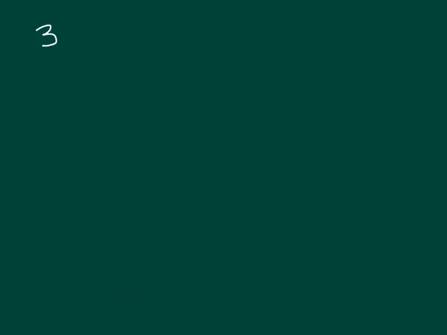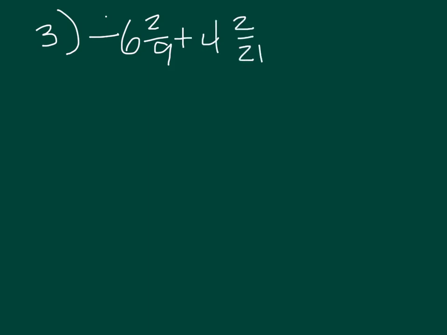Problem number 3 is minus 6 2/9 plus 4 2/21. Now, I can't reduce either of the 2 fractions, so I'm going to look for a common denominator for 9 and 21.